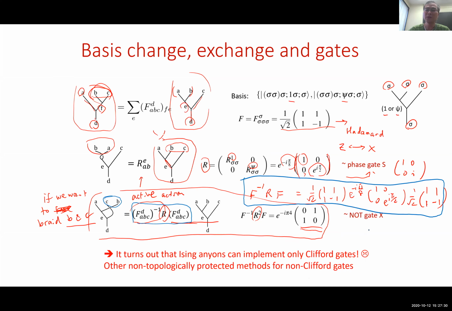So basically it says, let me write this explicitly, braiding 2 and 3, or B and C, will give rise to this matrix. Okay, but I want to relate this matrix to the basis transformation.